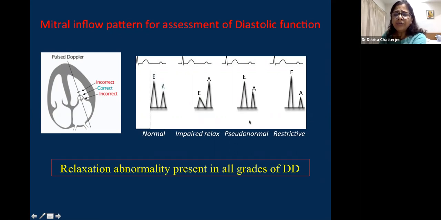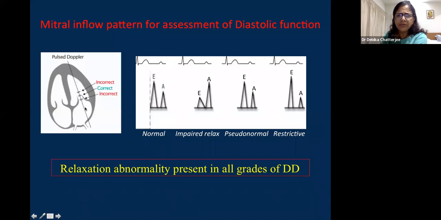Now, with further advancement of the diastolic dysfunction, the LV will become stiff. Not only the impaired relaxation, LV also becomes stiff, and LA pressure significantly rises. So what will happen? With the very high LA pressure, the E wave will be very tall.